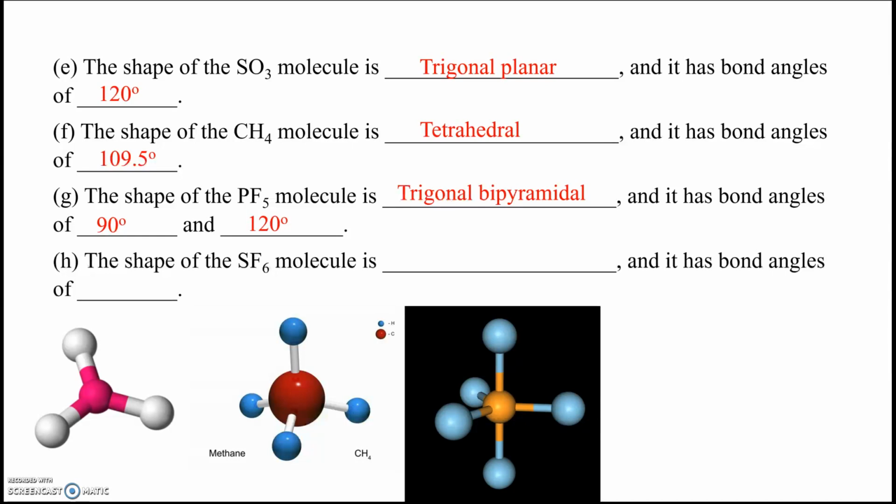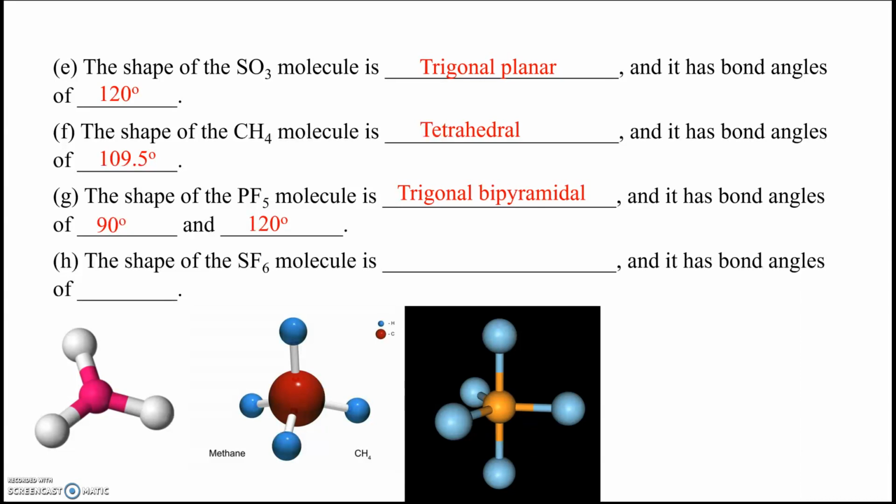And then we have 1 at the top and 1 at the bottom. So the angle that the fluorines make, the top down to the middle phosphorus out to the side, that's a 90-degree angle. But the 3 that are on an equatorial basis, those are all 120 degrees apart.